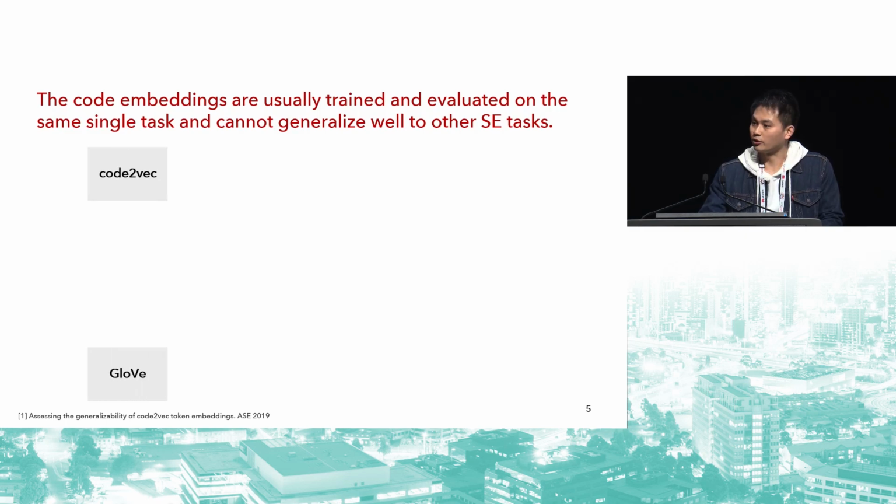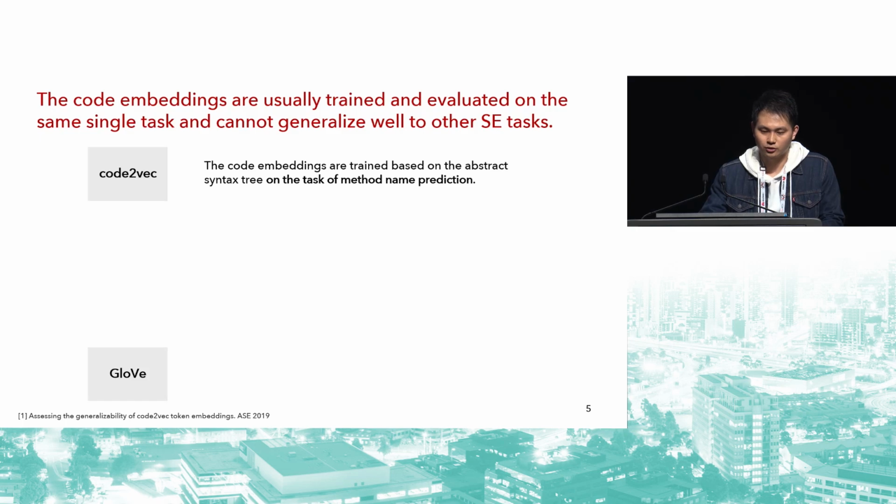For example, in a previous work, they evaluate two code embeddings, code2vec and GloVe. Code2vec is trained based on ASTs, on the task of method name prediction. In detail, we have the source code, and then we convert it into ASTs.